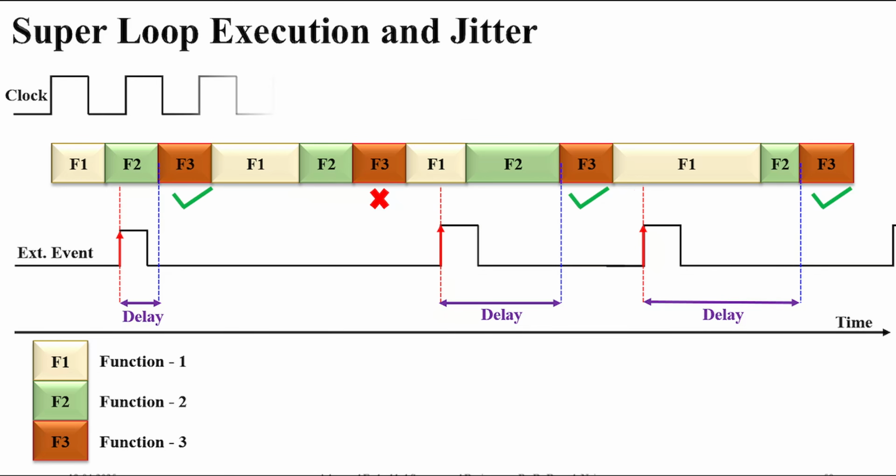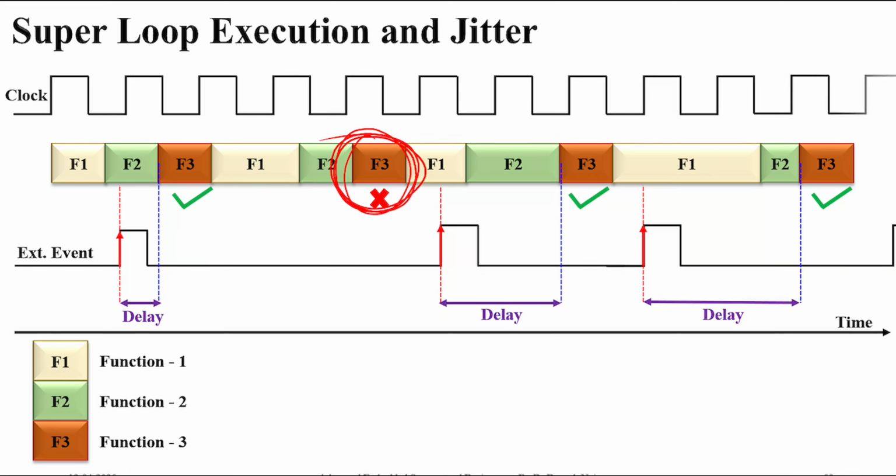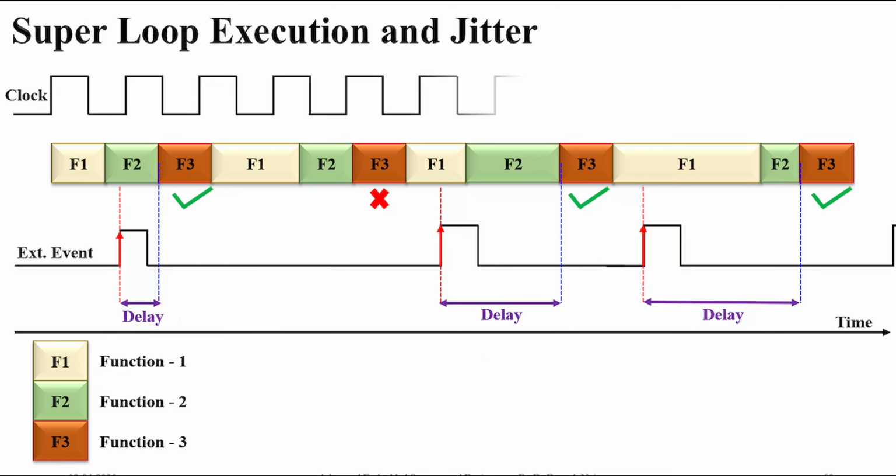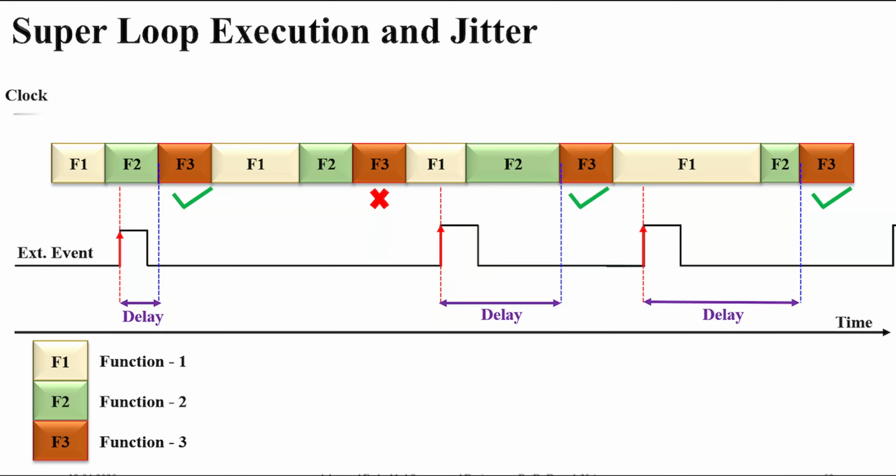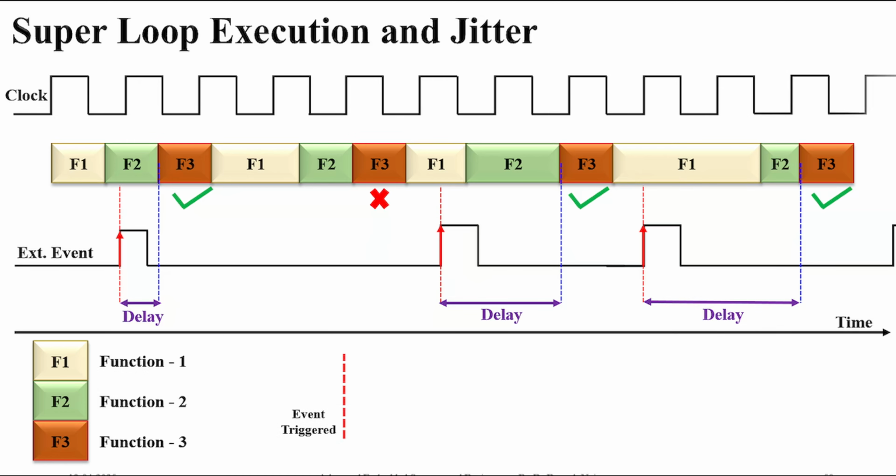So here we can see that function 3, which is dependent on an external event, has to wait for 3 different delays depending on when the external event was triggered and how long function 1 and function 2 took to complete their jobs. Therefore, one cannot predict how long function 3 will have to wait because these 3 delays are different. Such a phenomenon, or change in the delay, is called jitter.